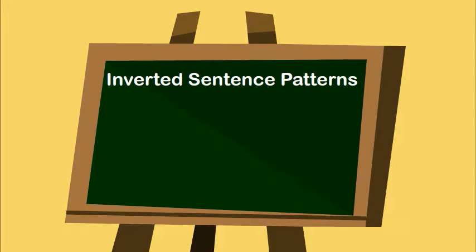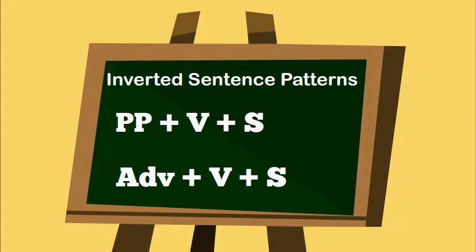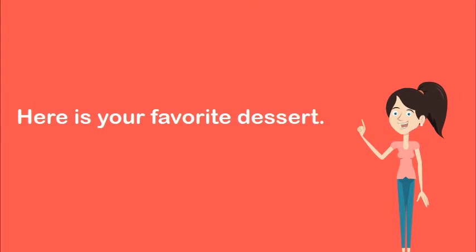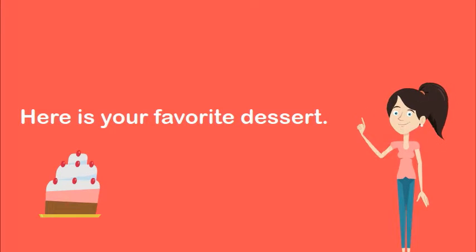We have looked at a sentence containing a prepositional phrase followed by a verb. Now let's look at a sentence that has an adverb followed by a verb. Here is your favorite dessert. The word here is an adverb followed by the verb is.